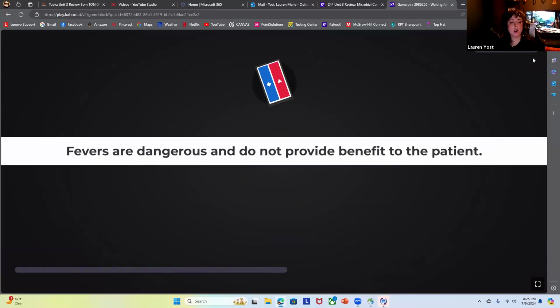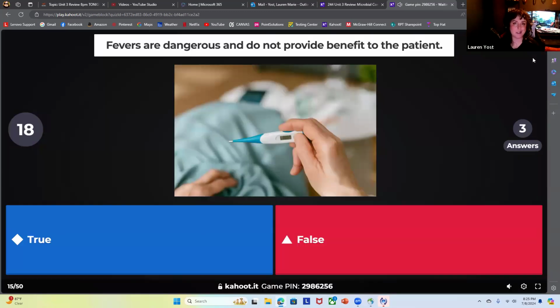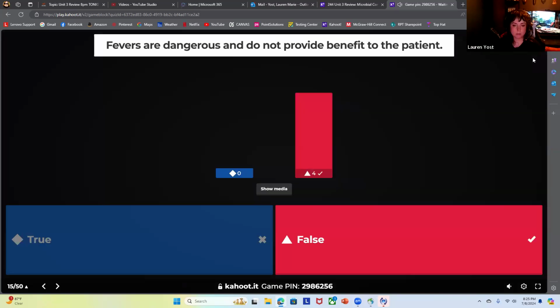So fevers are dangerous and do not provide benefit to the patient. Is that true or false? All right, so this is false.